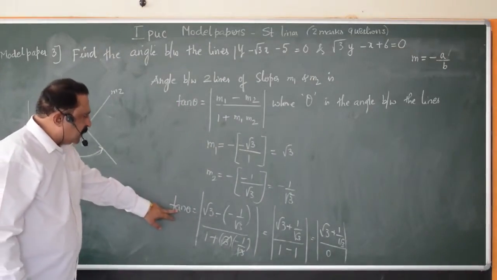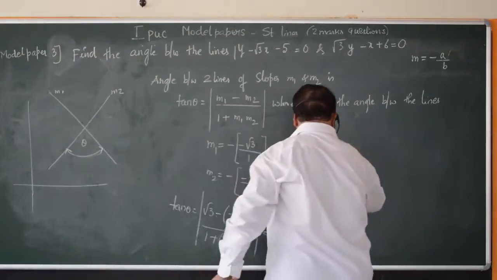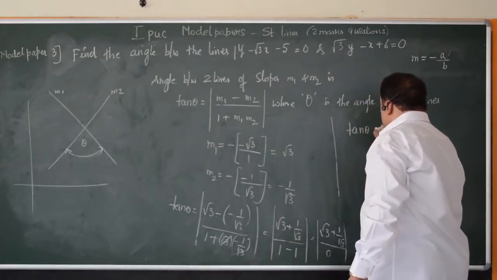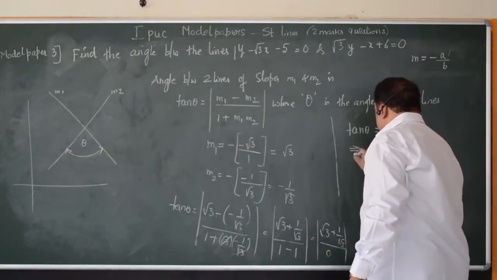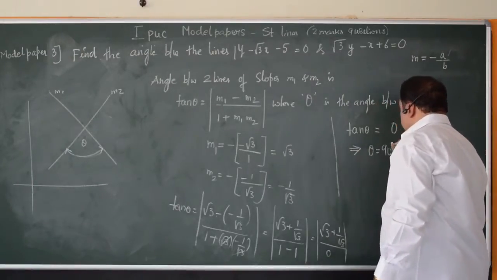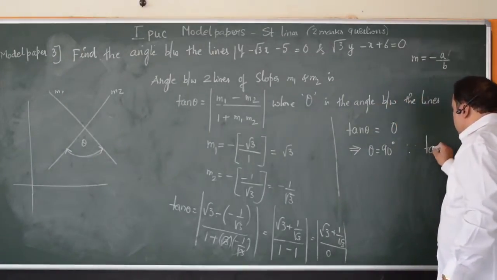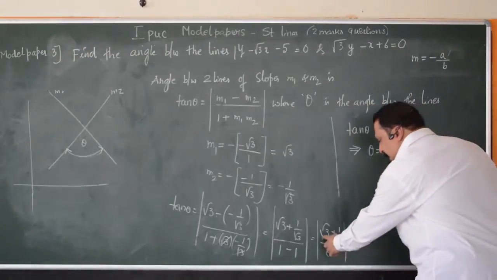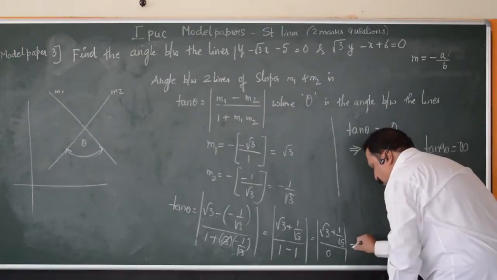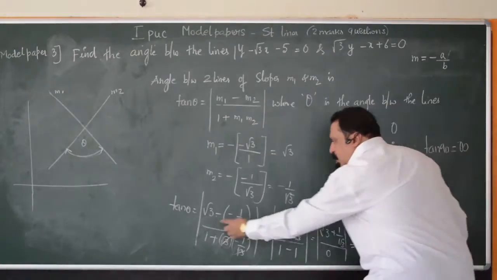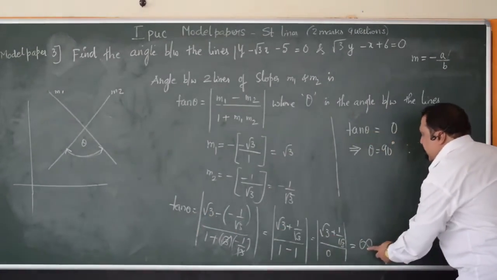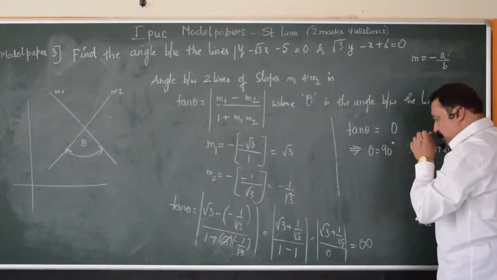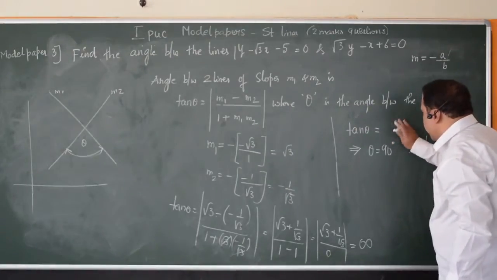So what is the meaning of that? That means that we are getting tan theta as infinity, which implies theta is equal to 90 degrees. Because you all know that tan 90 is equal to infinity and anything divided by 0 is infinity. So tan theta is equal to infinity, not 0 here.